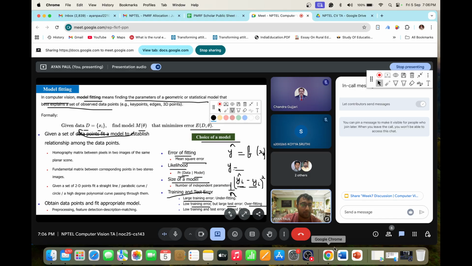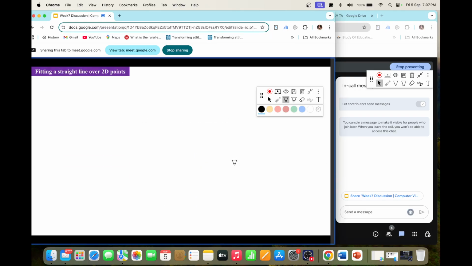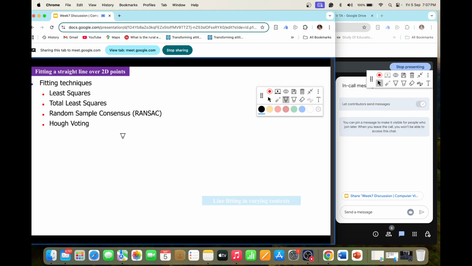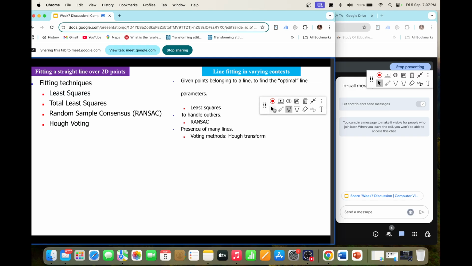Okay, so let's move to the next topic: fitting a straight line over 2D points. We have these techniques: least squares, total least squares, random sample consensus, and Hough voting. So, line fitting in varying contexts. Given points belonging to a line, to find the optimal line parameters, we just do least squares.